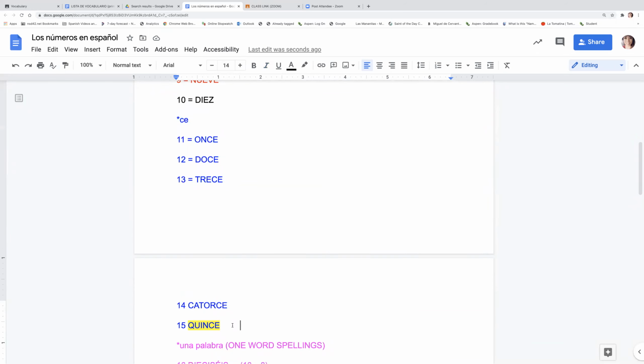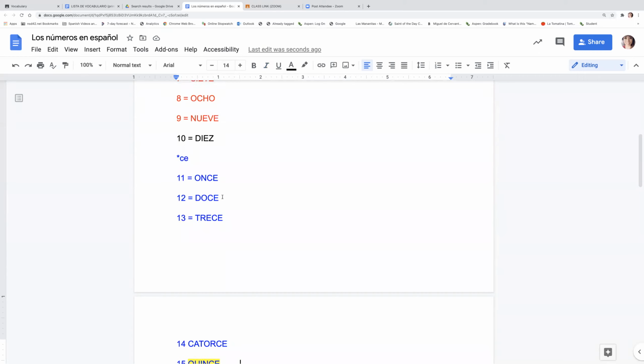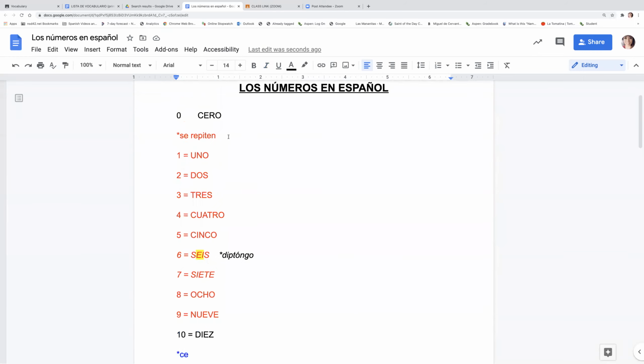Did we figure out why there's a color coding? Mira. Se repiten, these ones, the little numbers, the small numbers, like the single digits, are repeated. Se repiten. You use all these littler numbers to make bigger ones.